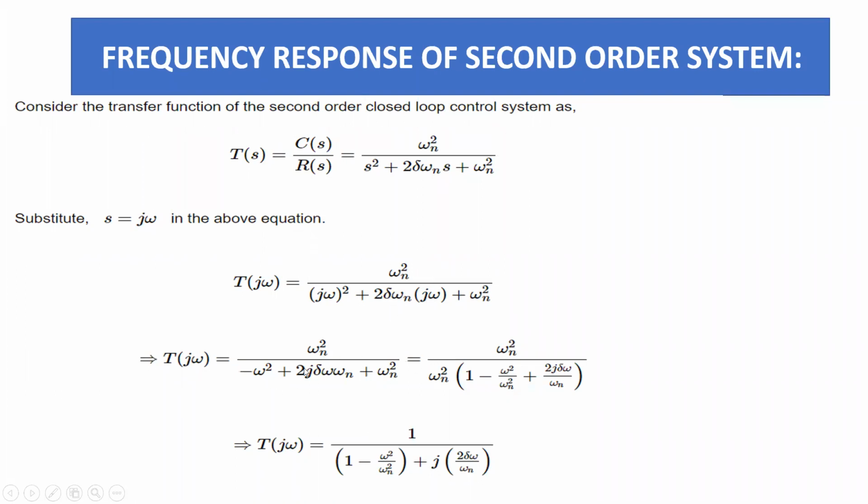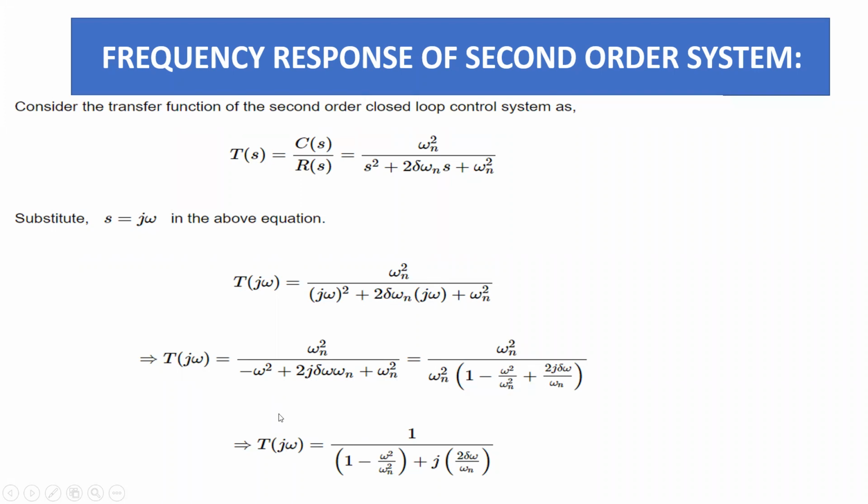If we square this, we have minus omega square, and if we take omega n square out of the denominator, we have this kind of expression with real and imaginary parts in the denominator.